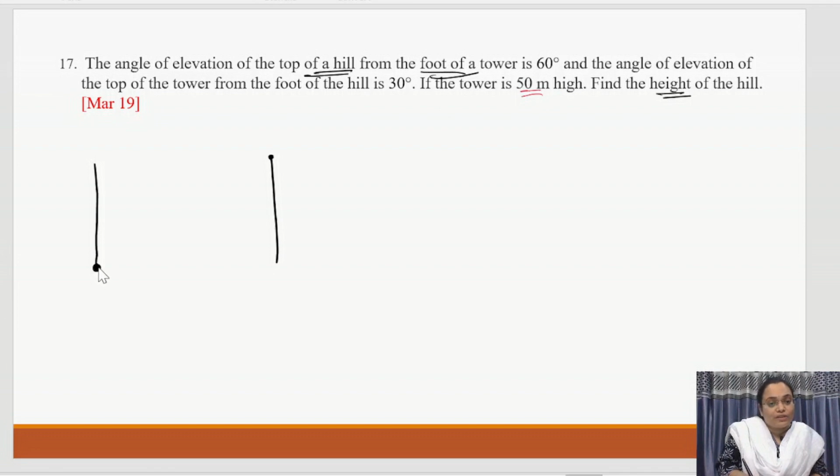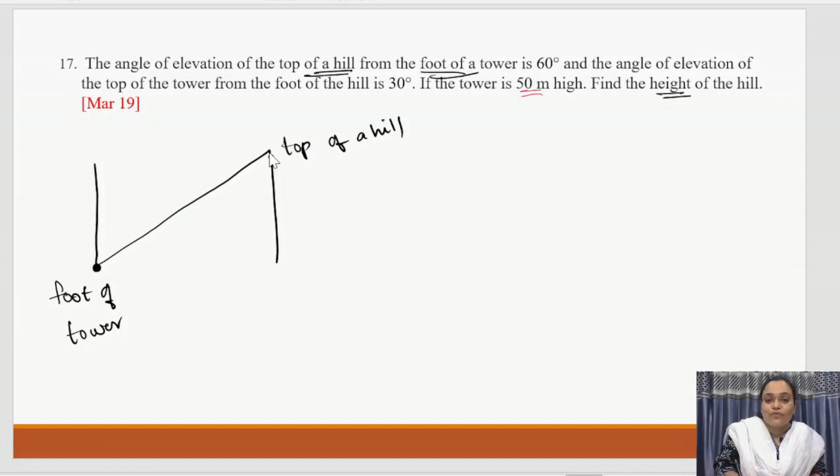This is the foot of the tower. We are looking at the top of a hill, so the angle of elevation is formed here. What is the angle of elevation? That is 60 degrees.